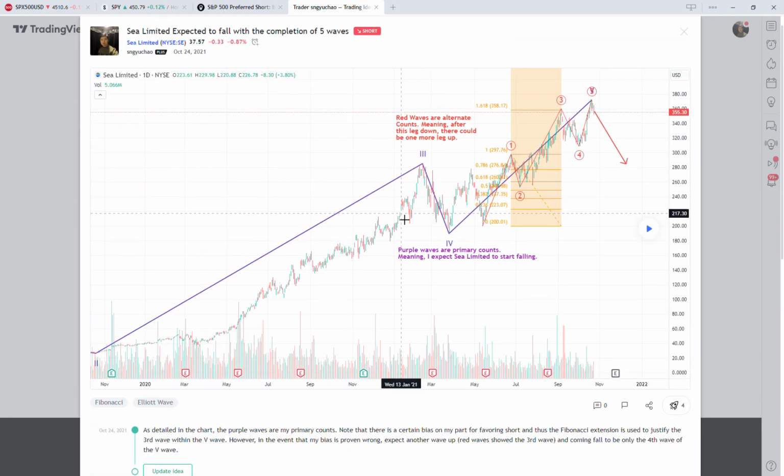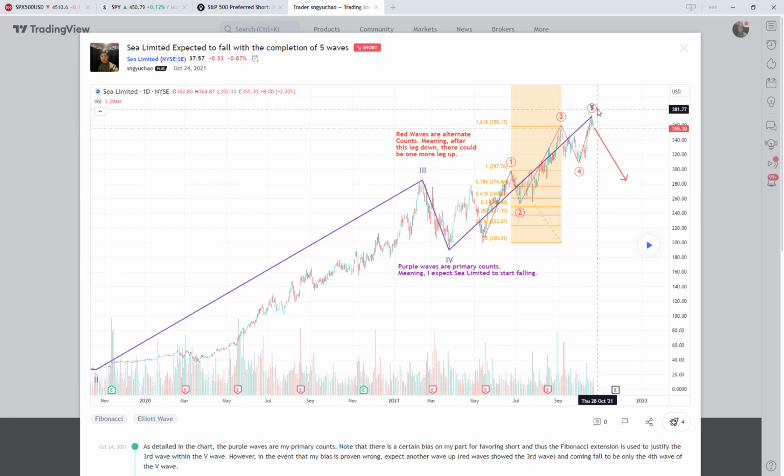So this is basically the Elliott wave count. You can see over here that this is labeled as a 3 for February 2021, and then 4, and then there's this 5 wave that I've labeled. This is kind of like the end of SE in terms of the stock price.